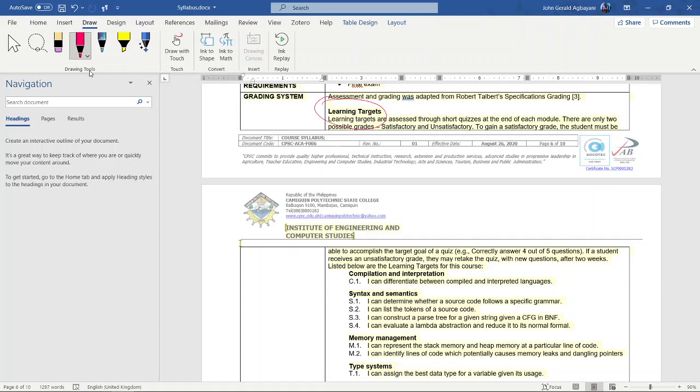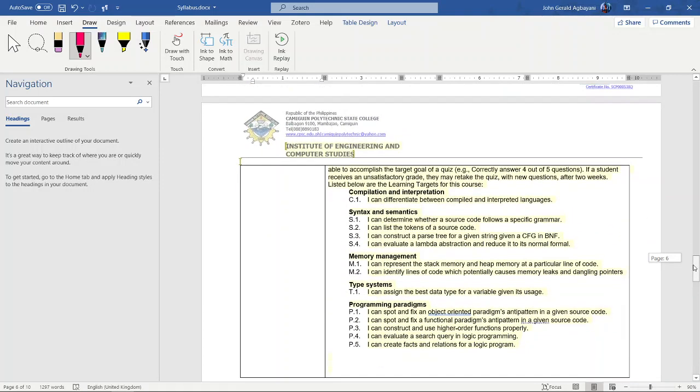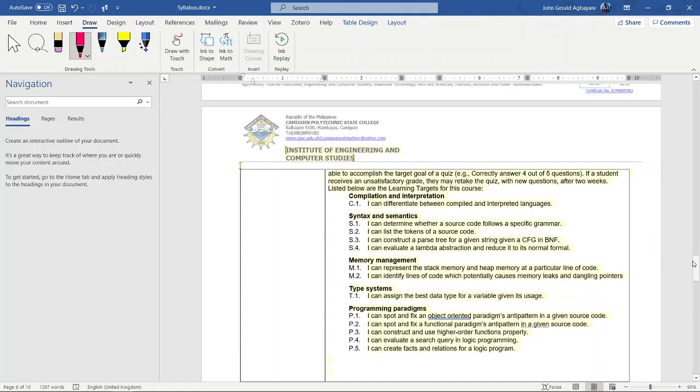And then, my quizzes would be related to the learning targets. So, for example, Module 1, which I gave last week, its learning target is C.1. So, the questions in Module 1 are related to this.